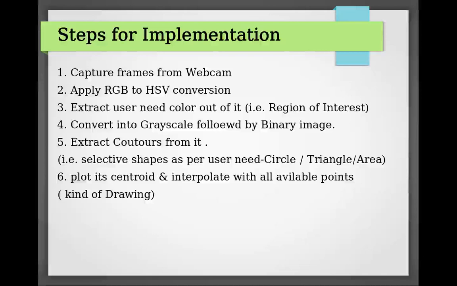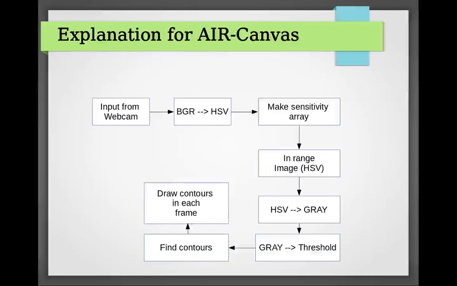And after the conversion into HSV, we need to extract the color out of it, and after that we need to convert it into grayscale. Let me explain with the block diagram, which is easy to understand. So here I am getting the image from the webcam and converting it into HSV. Then I need to do a certain process like a sensitivity array.